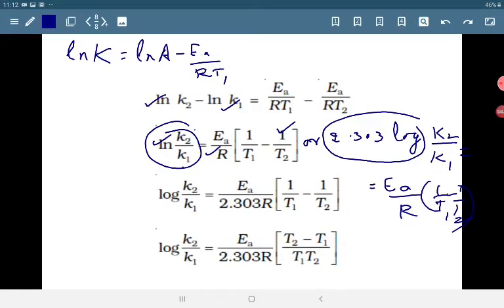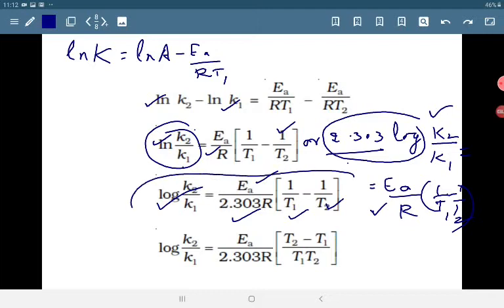Now suppose we divide throughout by 2.303. We get log k2 by k1 is equal to Ea by 2.303 R times 1 upon T1 minus 1 upon T2.